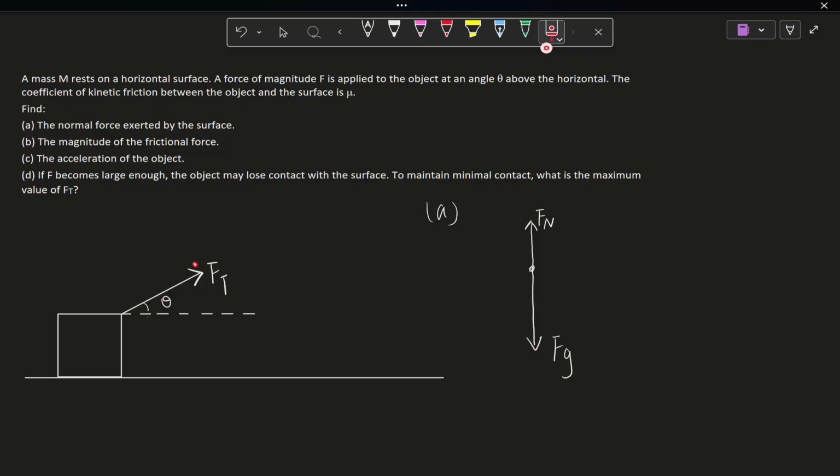There's an Ft that pulls the object in that direction, creating an angle theta above the ground. So we should also draw the Ft on the graph. I will say this is Ft.